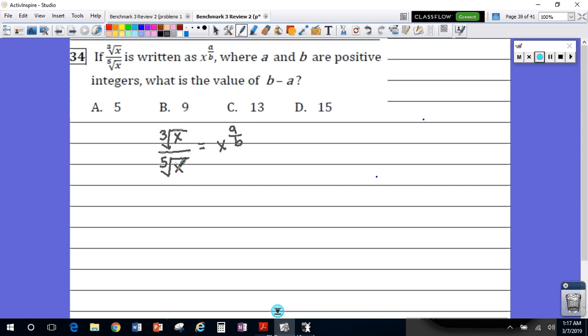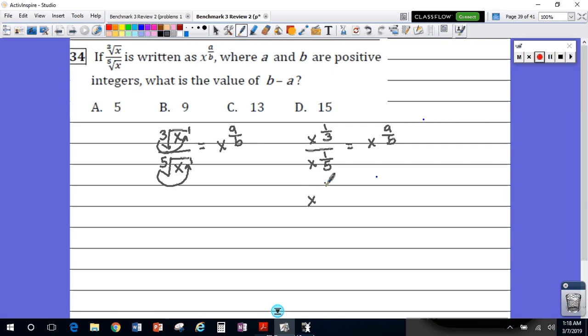Okay, now what I will do here is, this 3 we can bring it to the exponent over here, bring it to the exponent over there. Yeah, exponent is 1 here, right? So that is x to the exponent 1 over 3 divided by x to the exponent 1 over 5 equals x to the exponent a over b.